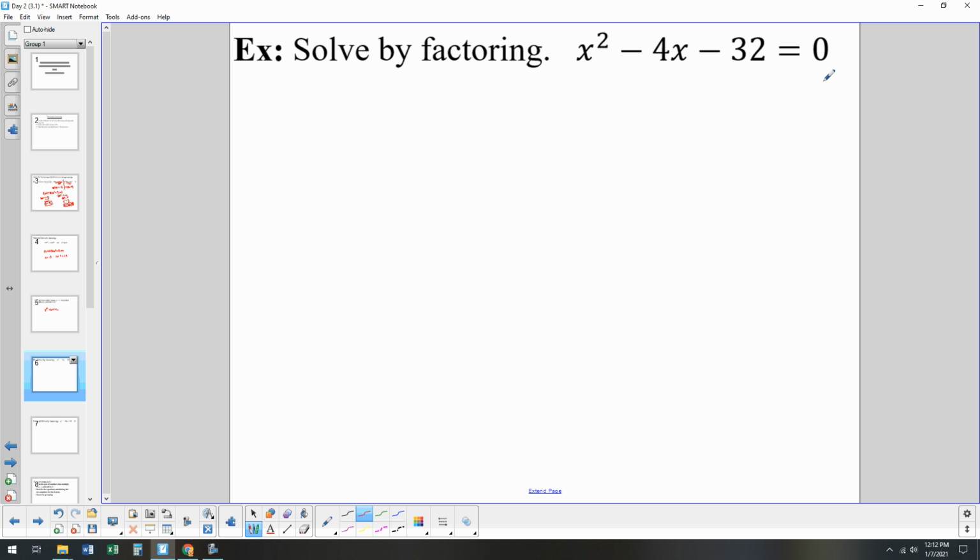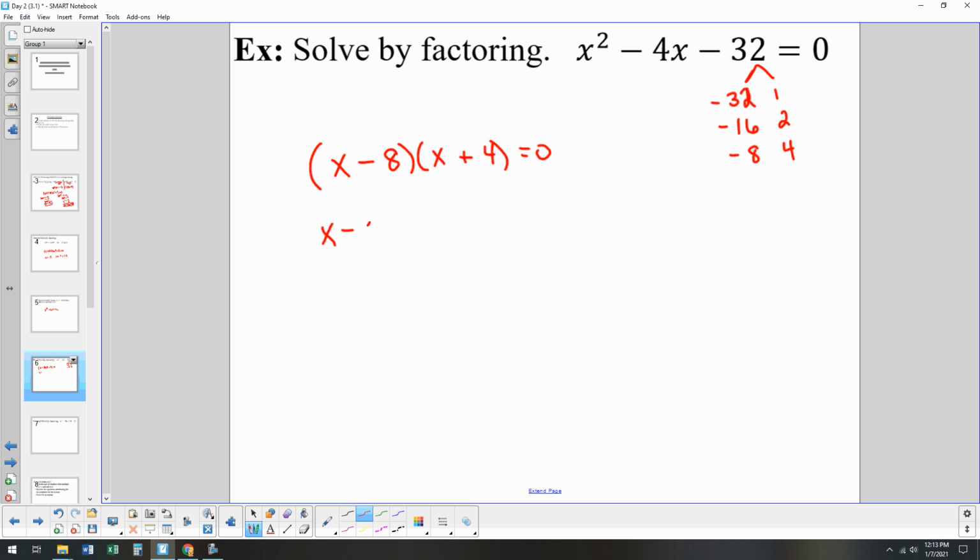So now we're going to find out what multiplies to negative 32 and adds to negative 4. So we could try negative 32 and 1, negative 16 and 2, negative 8 and 4, and it looks like that's my combination. So x minus 8, x plus 4 are my 2 factors.